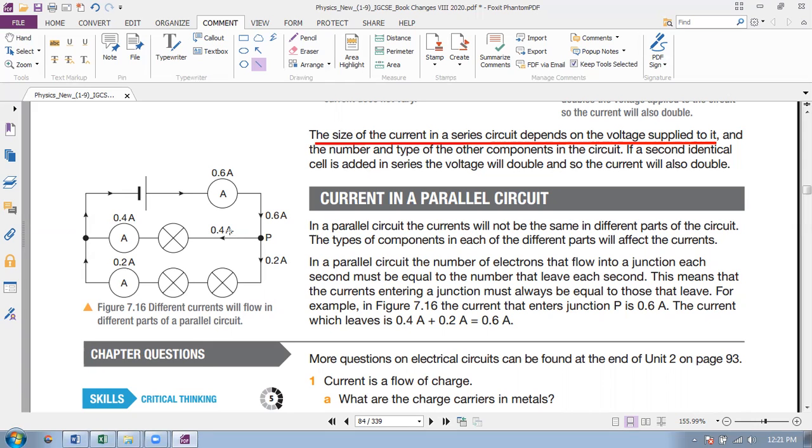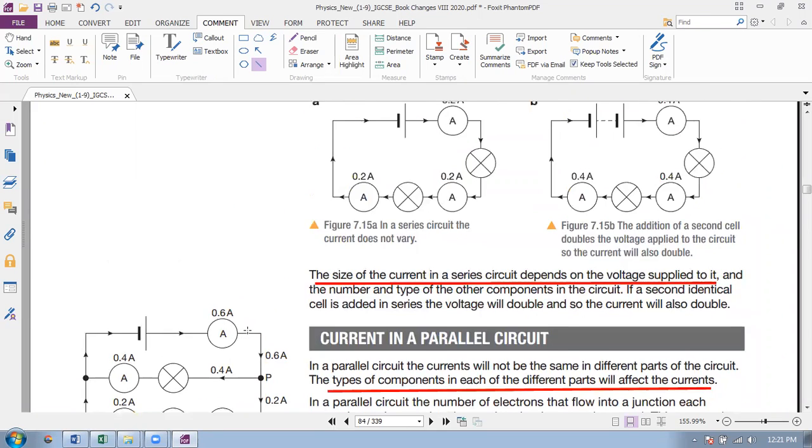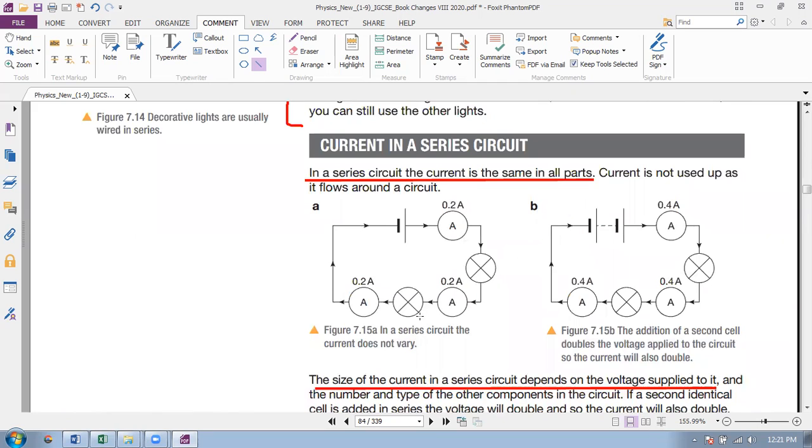So different branches of the parallel circuit have different amounts of current, and different branches have similar voltage. Different components in a series circuit have different voltage drops across them. They consume different voltages. High resistive devices consume greater voltages than low resistive components.